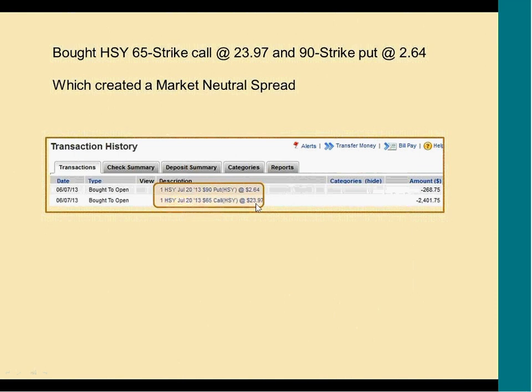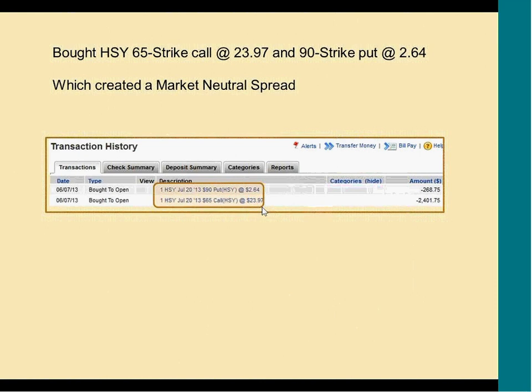One more example of the profit loss potential for this market neutral trade, and the maximum risk on this trade is 1%. Again, the profit potential is not capped as the stock moves up in price. So as the stock moves up in price, we can see that our profit potential also moves up.